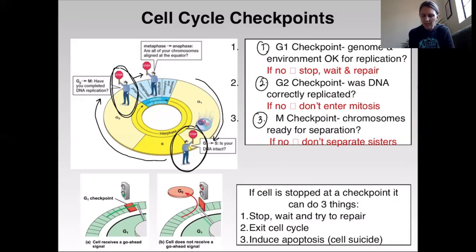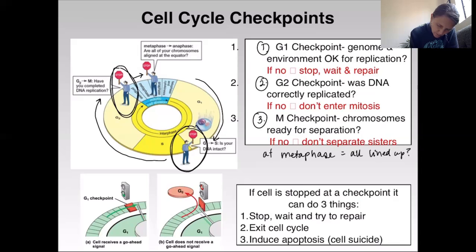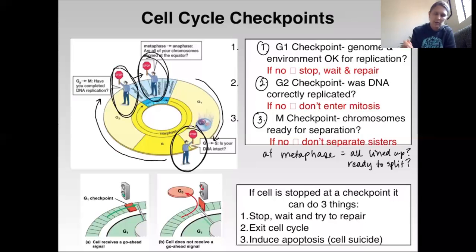This makes sure that at metaphase, are your chromosomes, or your sister chromatids, all lined up and ready for separation? And if they're not, then we have a little dude here, or in the cell's case, a little protein that's like, okay, then we're not going to split.